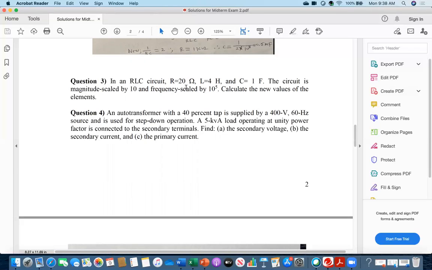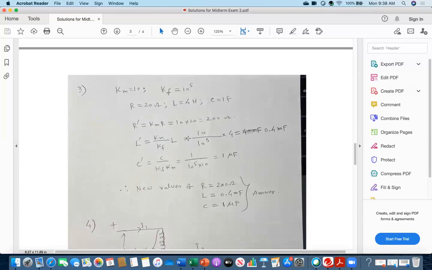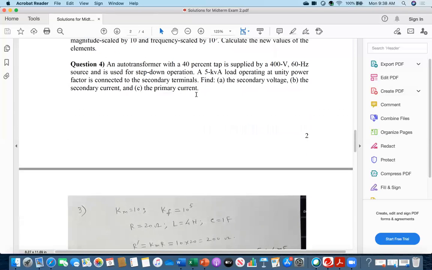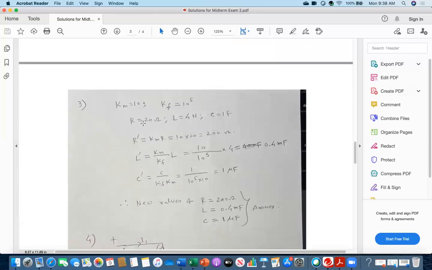And then based on that, these are your original values. What should be the new scaled values? That is the meaning. So that I am doing it here, I wrote Km 10, Kf 10 to the power 5, based on this information, this one and this one. And then those three values are given, R, L, C. I am writing generalized equation.